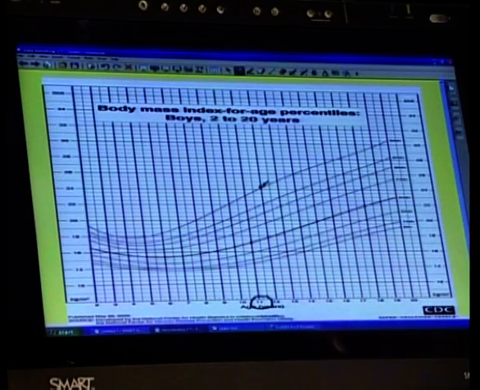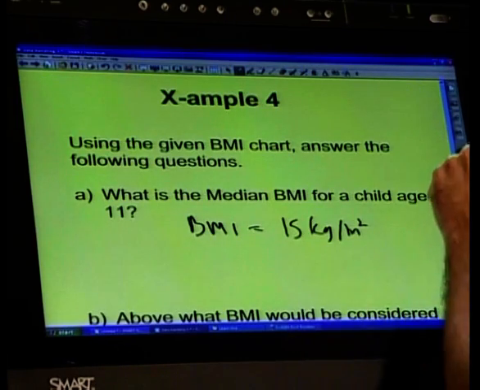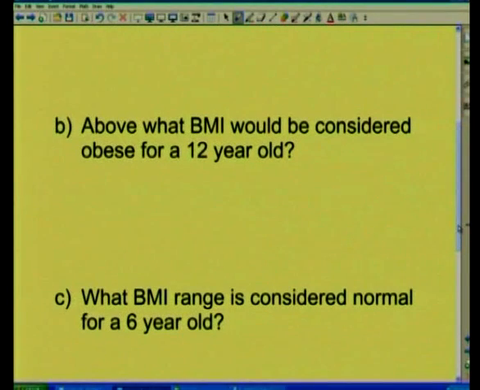And that's the value 24,5 kilograms per meter squared. Sorry, 24,5. Let's just erase that. 24,5 kilograms per meter squared.